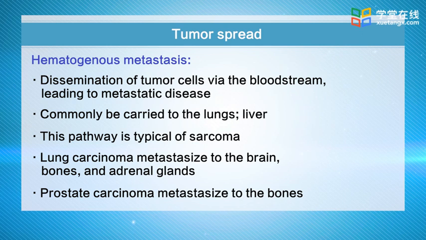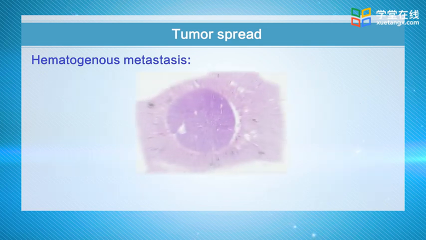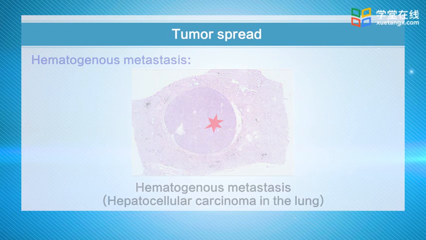Since all portal area drainage flows to the liver and all vena cava blood returns to the lungs, the liver and the lung are the most frequently involved secondary sites in hematogenous dissemination. In this gross specimen, we can identify the solitary nodules of colorectal carcinoma metastatic to the lung.